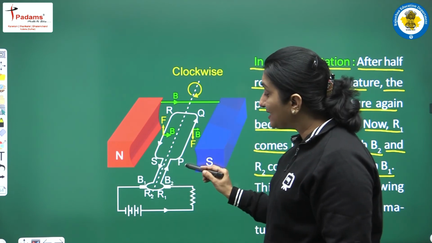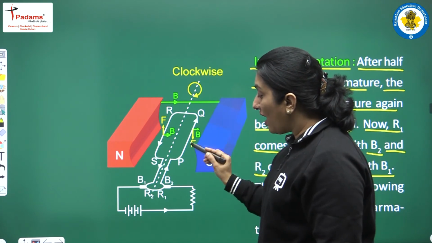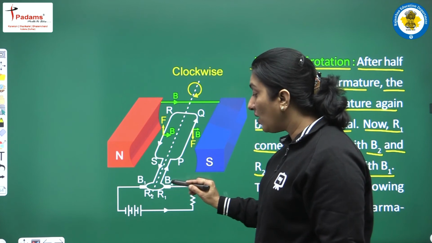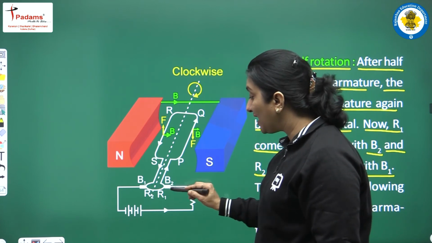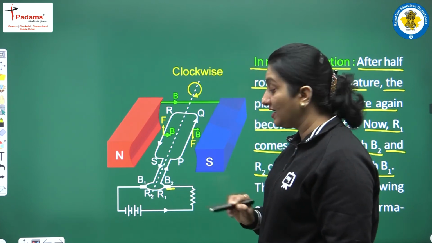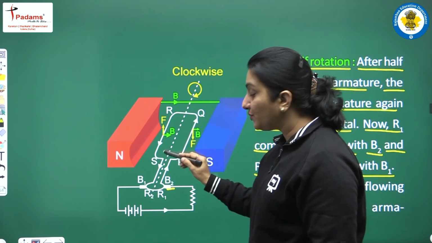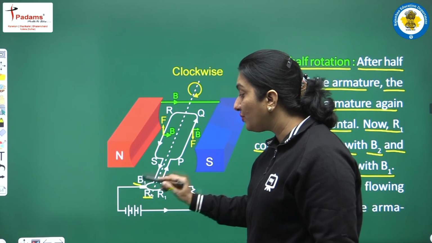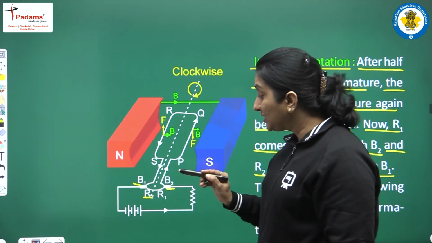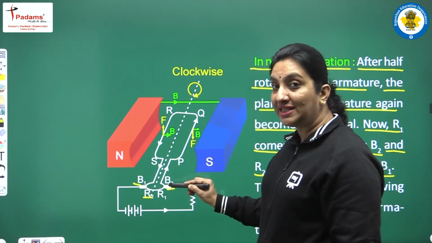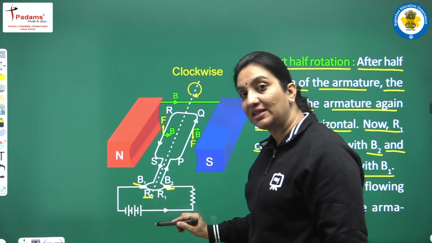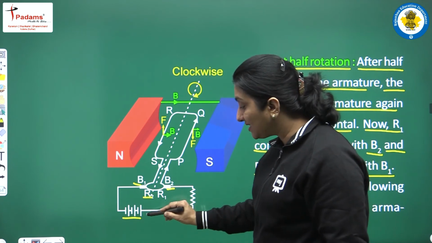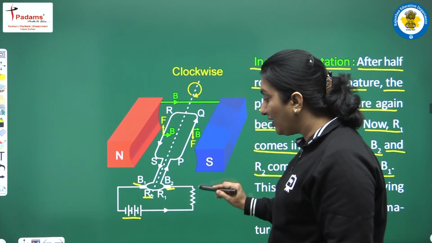So what we see is that now the PQ arm which was attached with R1 ring is now in contact with B2 brush, and the arm RS which was in contact with R2 ring is now in contact with B1 brush. Now since B1 and B2 are fixed as they are connected to the external circuit, and here the battery is also the same and this is the positive end, the current will flow like this.